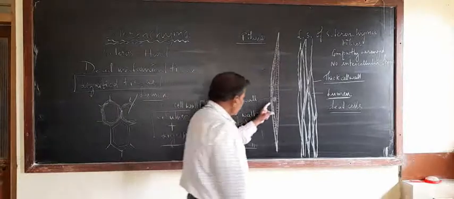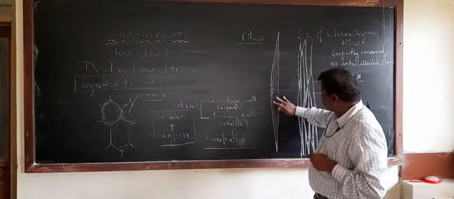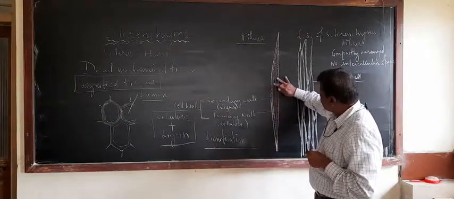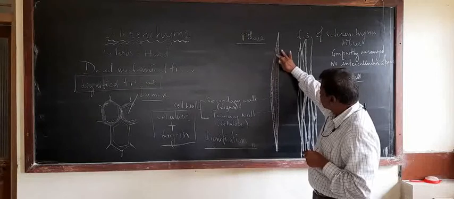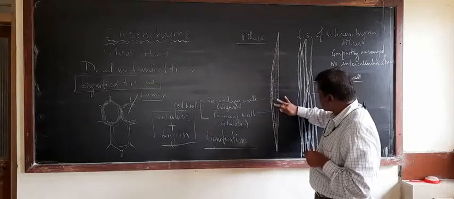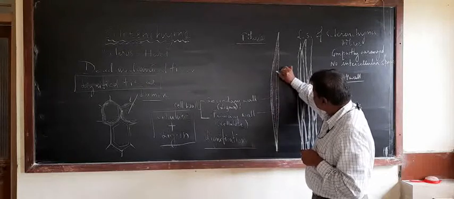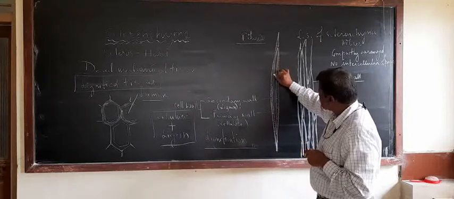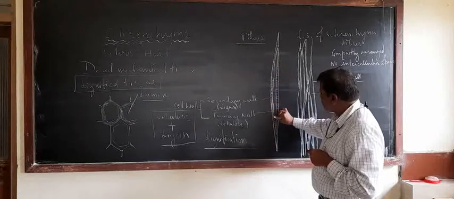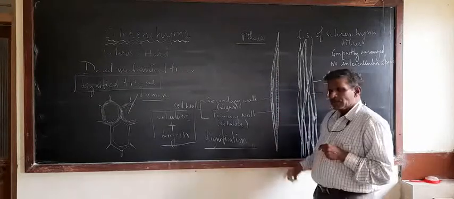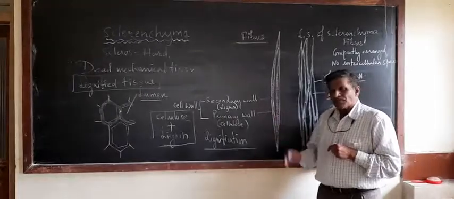Once the lignin is deposited, the plasmodesmata, the protoplasmic connections present between the cells, are blocked. So the protoplast disappears: the nucleus, the cytoplasm, even the plasma membrane, they all disappear.